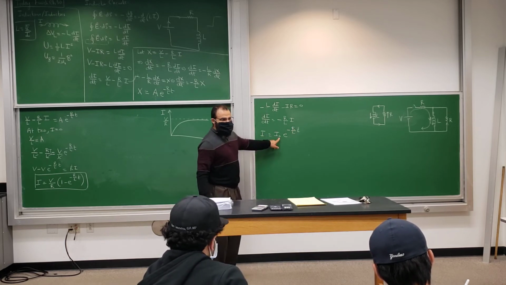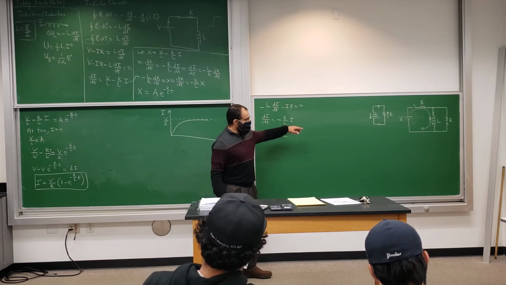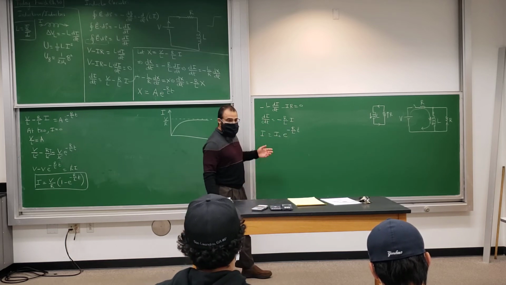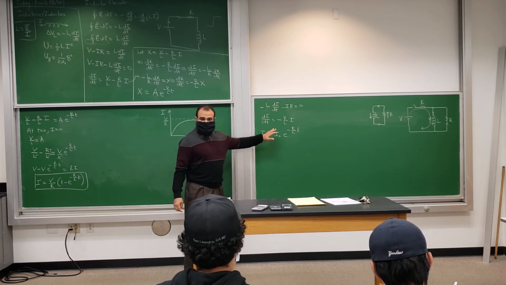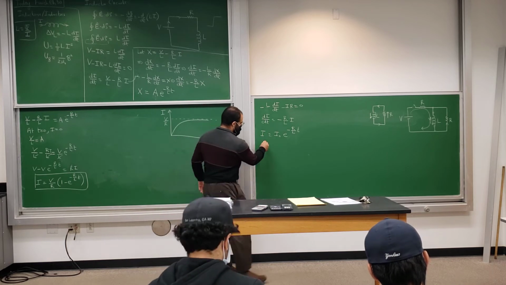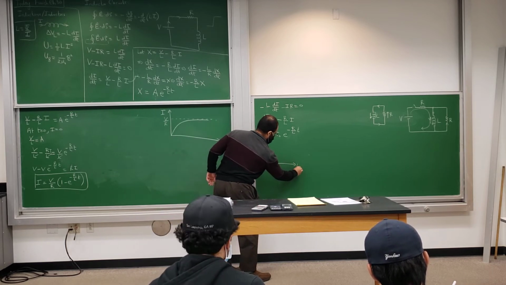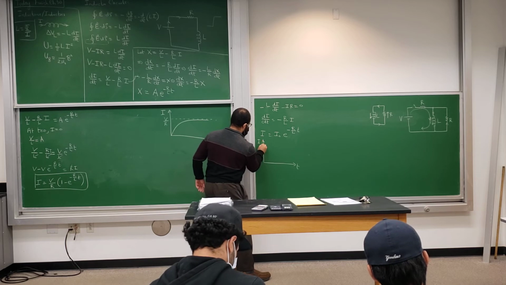So I equals I0 e to the minus R over L times t, where I0 is the initial current that was in the inductor at t equal to 0. So the current will die out in this case. Here is t, here is I, here is I0.